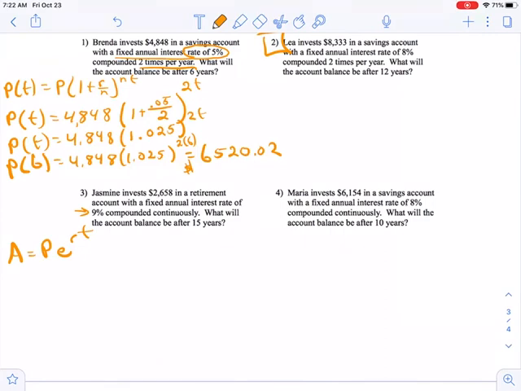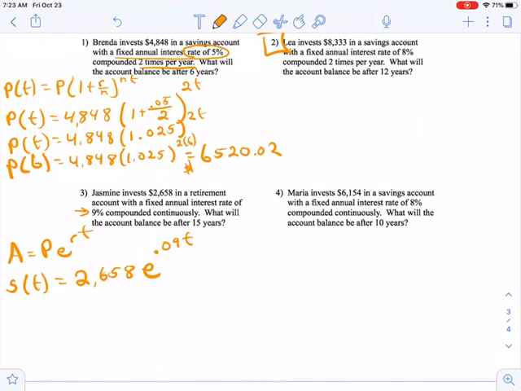I might just change that left side to P of t or S of t, just for savings over time. So here, my savings over time is going to be equal to my principal, which is the initial amount invested, times E raised to the, so I have 9% times time, so that's 0.09t. So that is my equation.